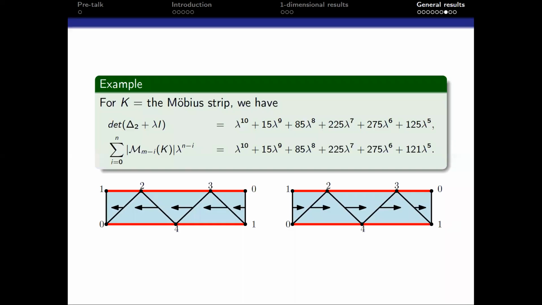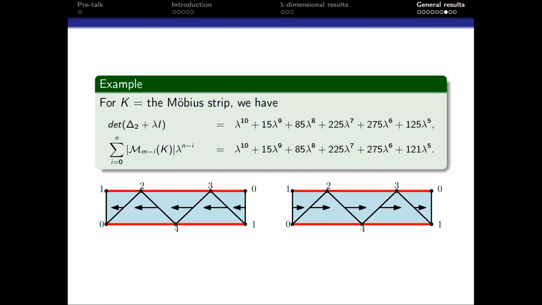Let's see an example. If you have the Mobius strip, this was a bit weird for us because the numbers are almost an exact match for the number of discrete vector fields and the coefficients. They match all of them except for one, where the difference is 4.